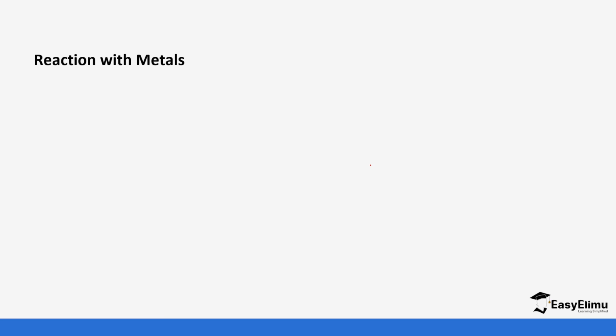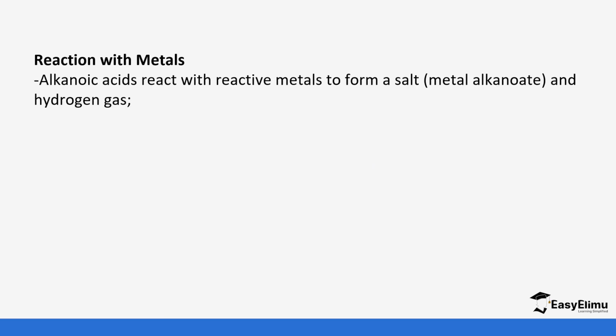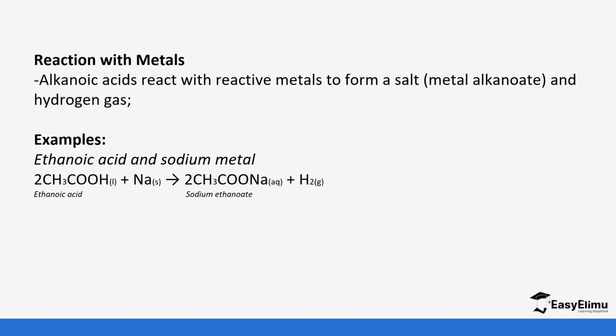And then they also react with metal like typical acids to form salt and hydrogen gas. So the salt is one that is going to be different. It's called metal alkanoate. For example, if you react ethanoic acid with sodium metal, the sodium is going to displace the hydrogen ions in the acid to form sodium ethanoate, and hydrogen gas is given off.